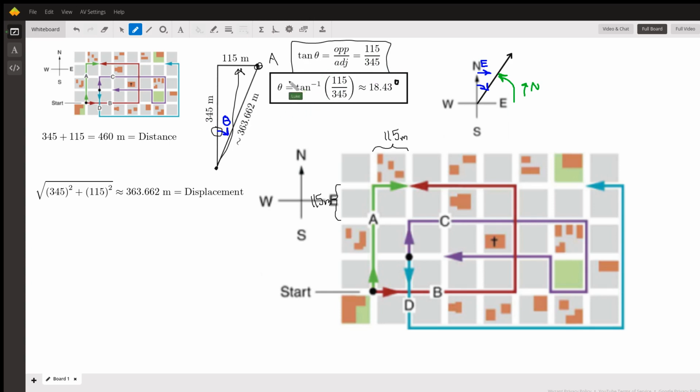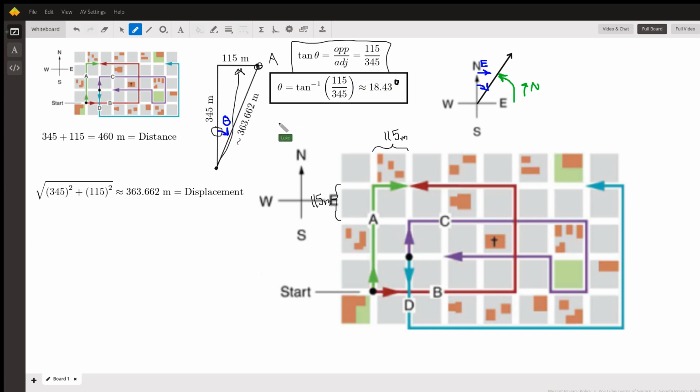Taking the inverse tangent of both sides will eliminate the tangent of theta and get back to just theta. Then you take the inverse tangent of that, which approximates to 18.43 degrees. I don't know why Wyzant has an issue with the degree symbol, so I had to draw it in. Anyway, that is the angle east of north.